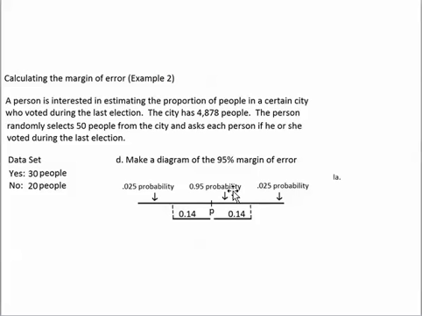We had a 95% chance of getting an outcome within 0.14 of the true statistic in here. We only had a really small chance of getting an outcome out here or an outcome way out here.